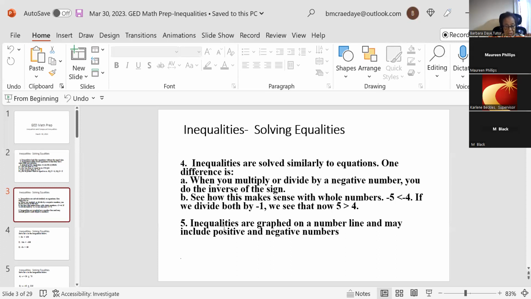You look at the direction of the number line to determine if it's increasing or decreasing. All right. But if it's a shaded dot, it has to be greater than or equal or less than or equal.